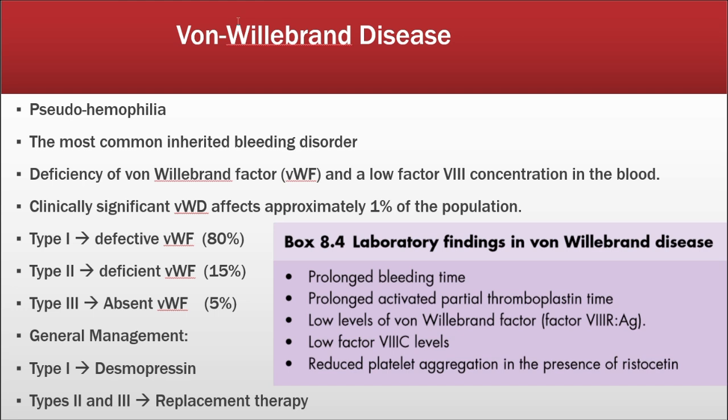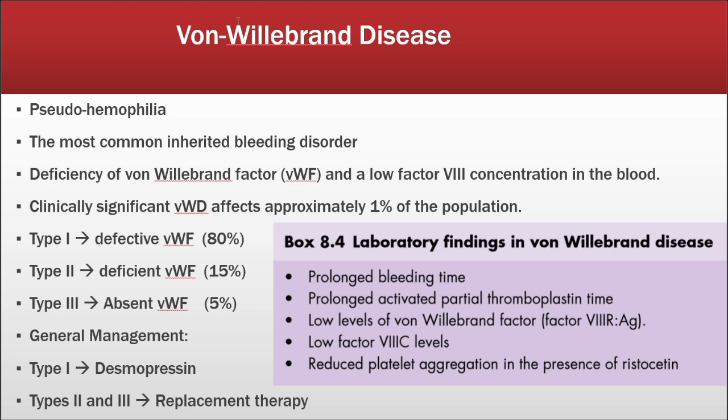Now, von Willebrand disease, it's a pseudohemophilia. It's the most common inherited bleeding disorder that we take from our parents. Here we have factor VIII deficiency and von Willebrand factor deficiency. So we will have prolonged bleeding time, prolonged PTT, normal PT.